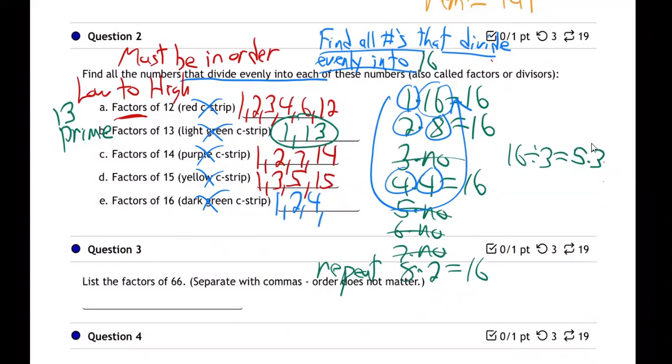Don't list the 4 twice, just once. 1, 2, 4, 8, 16. Those are all the numbers that divide evenly into 16. So we just found all the factors, all the divisors, all the numbers that go into these different numbers.